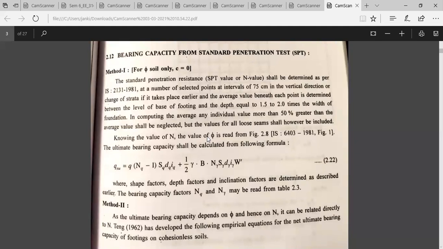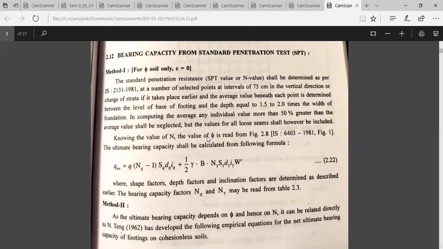Knowing the value of N, the value of phi is read from figure 2.a, right? Then the ultimate bearing capacity equation: qu is equal to q(Nq minus 1) sq dq iq plus 1/2 gamma B N gamma s gamma d gamma i gamma W dash. We consider this as equation 2.22.